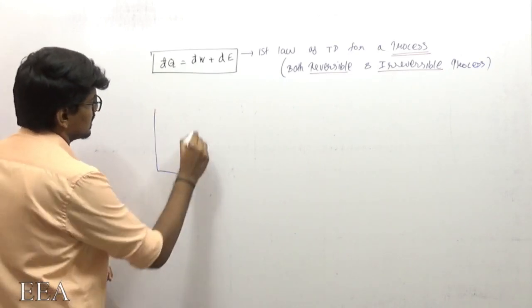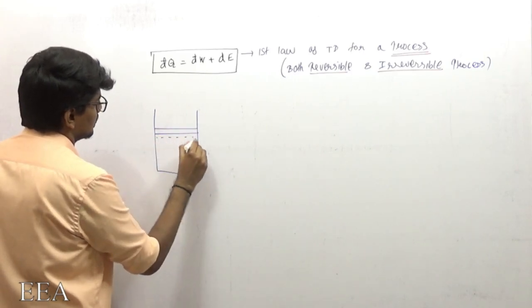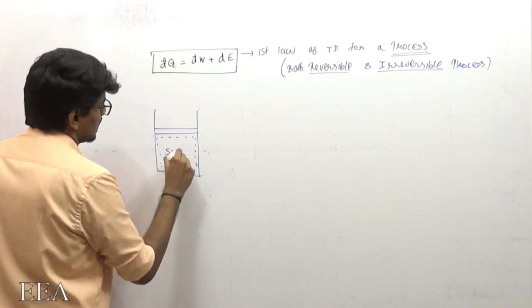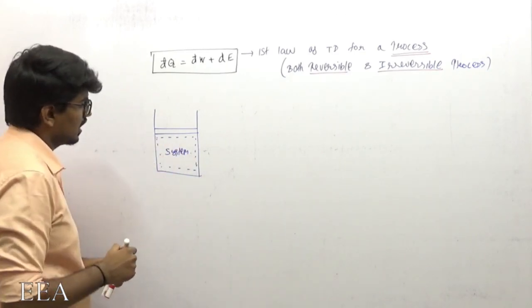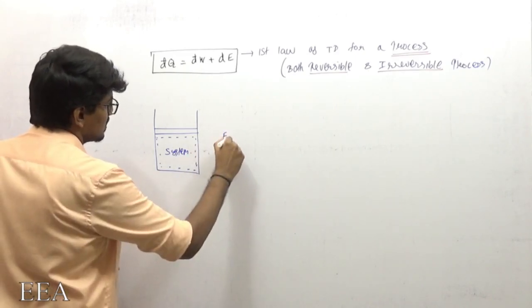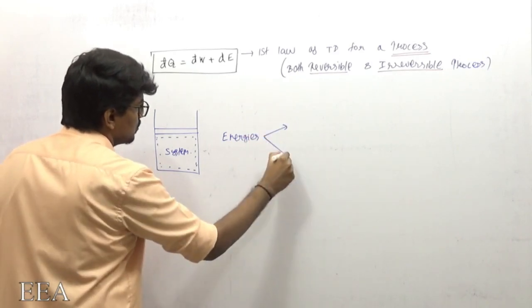Okay. For example, consider that this is my system, just imagine a piston cylinder. If you consider energies, generally we can divide them into two different forms.